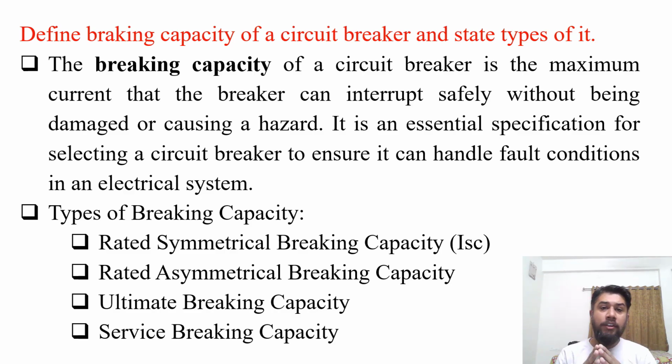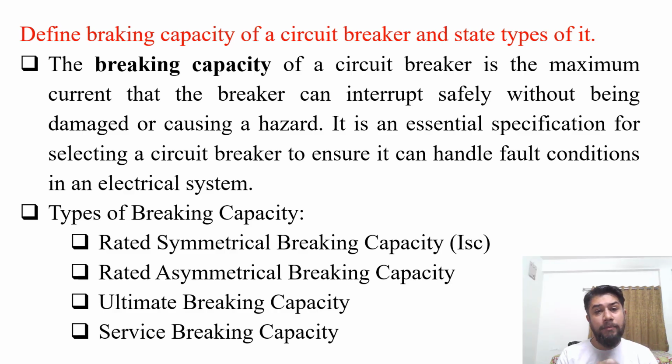Define breaking capacity of a circuit breaker and state types of it. So the breaking capacity of a circuit breaker is the maximum current that the breaker can interrupt safely without being damaged or causing a hazard. It is an essential specification for selecting a circuit breaker to ensure it can handle fault conditions in an electrical system.